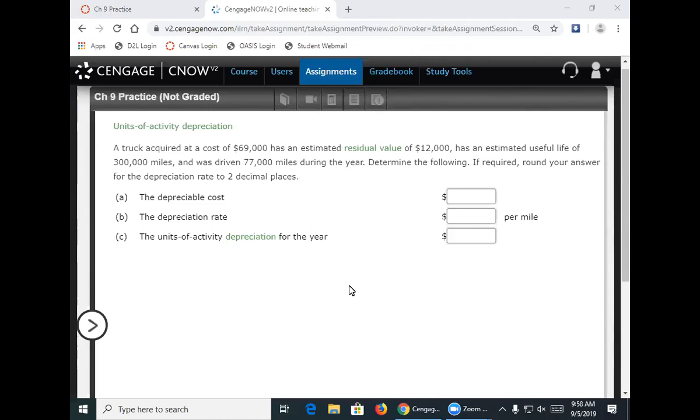The depreciable cost is just the total amount we're going to depreciate this asset over time. So I would just take 69,000 minus 12,000.